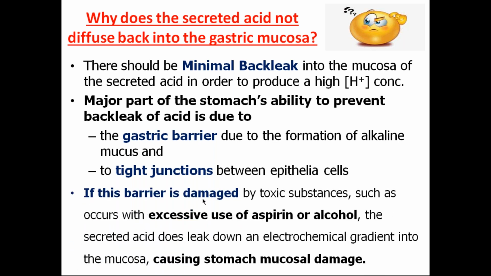If this barrier is damaged by toxic substances such as occurs with excessive use of aspirin or alcohol, the secreted acid does leak down an electrochemical gradient into the mucosa, causing damage to the mucosa of the stomach.